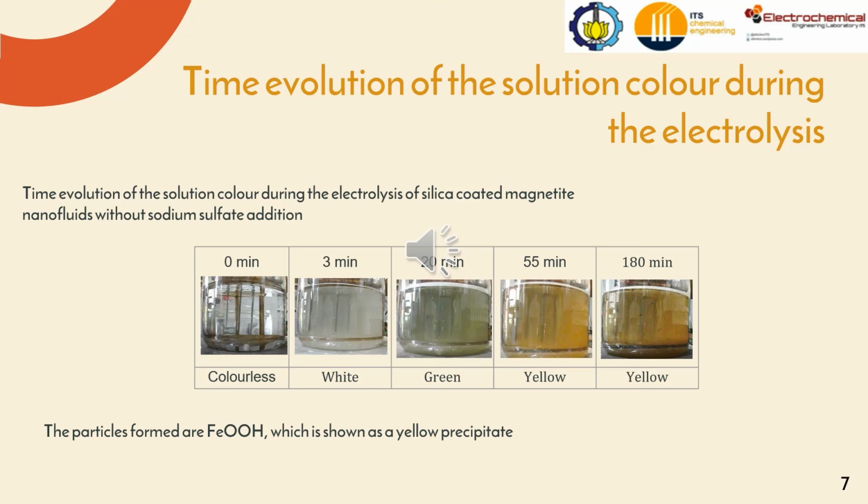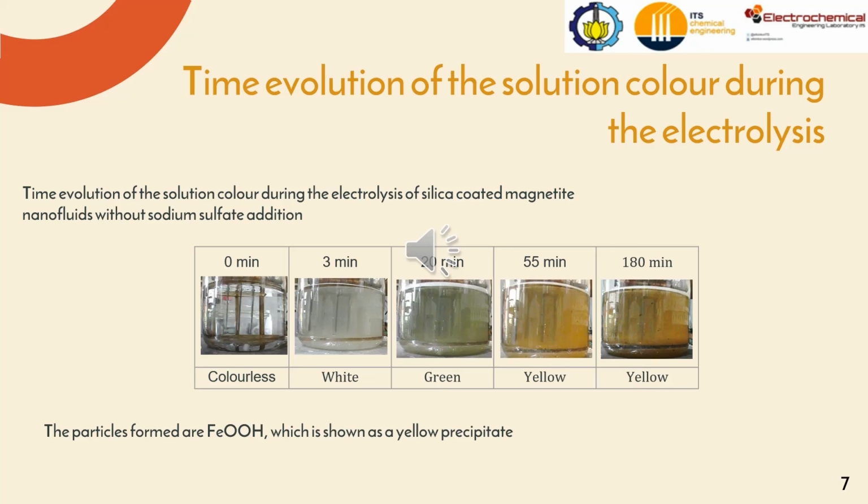At the beginning of process, the color is colorless, then turns into white at 3 minutes and into green in 20 minutes, and yellow in 55 minutes, and the color still yellow till the end of process, 3 hours.